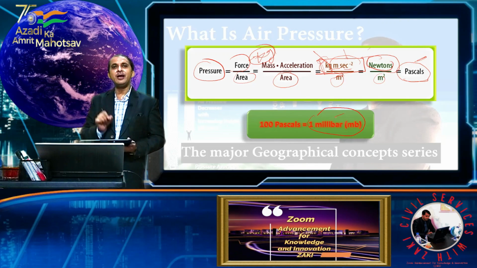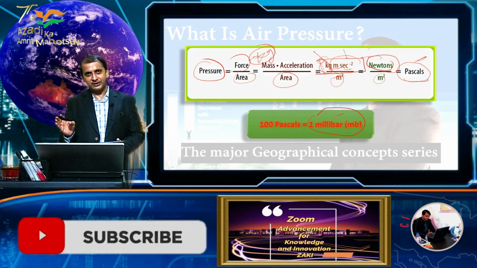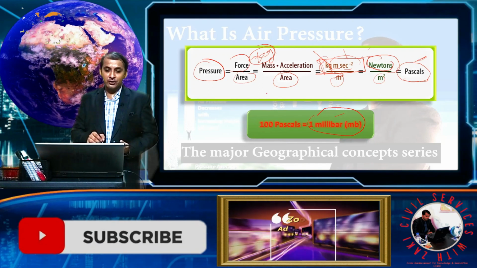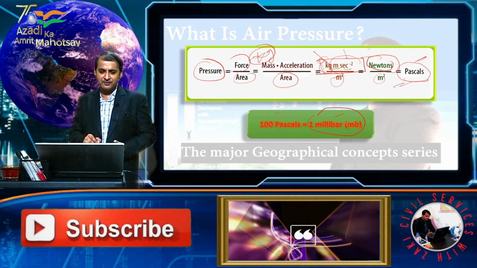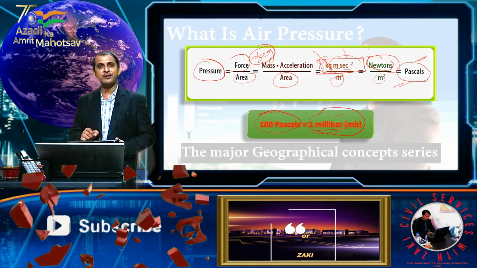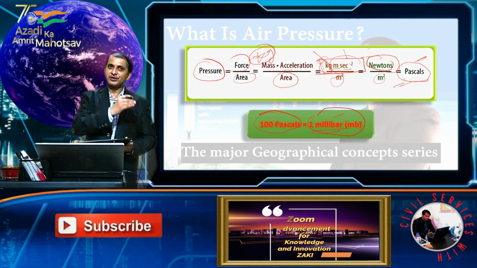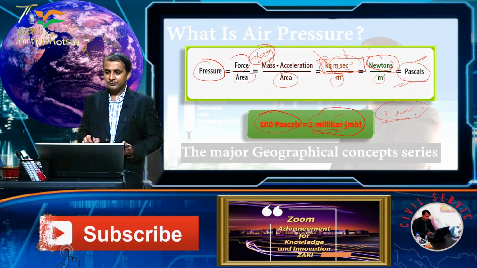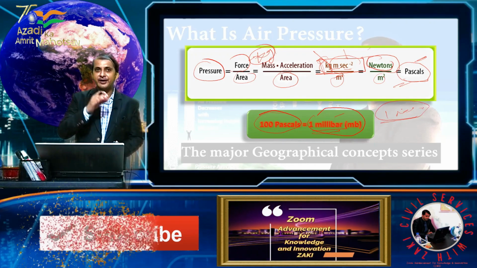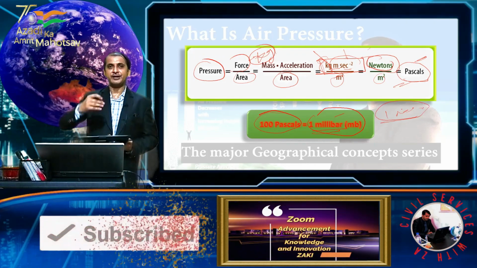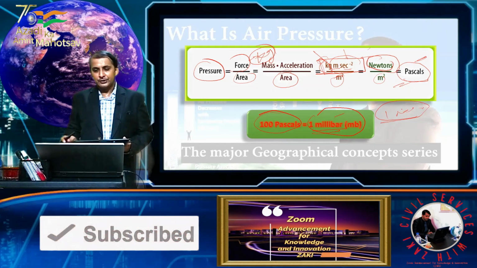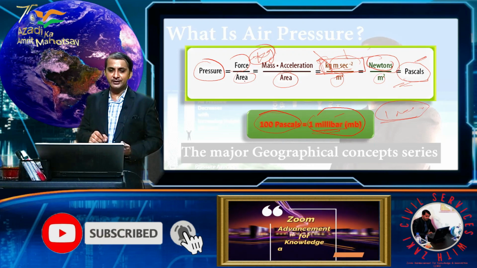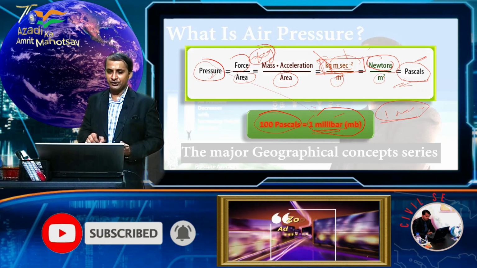So basically millibar is used by atmospheric scientists all over the world. As you know, the pressure of our earth is approximately 1000 millibar near the sea level, and it decreases as you go above. So 100 pascal equals 1 millibar. So here is the unit of pressure.